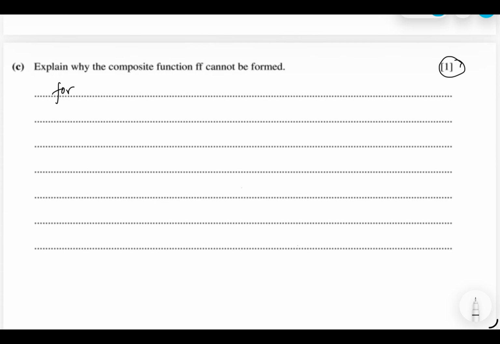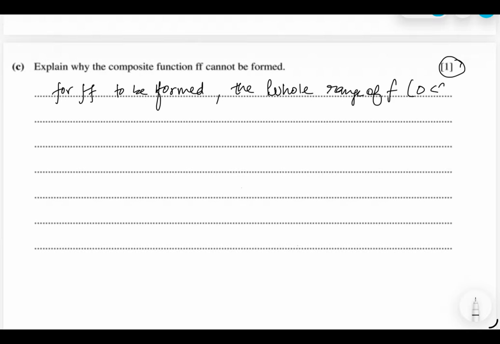for ff to be formed, the whole range of f, what was the range of f?